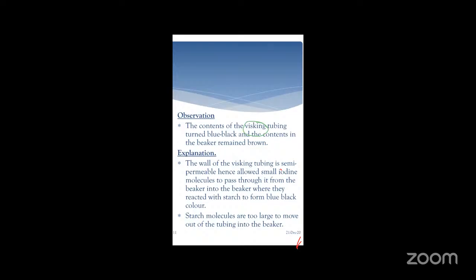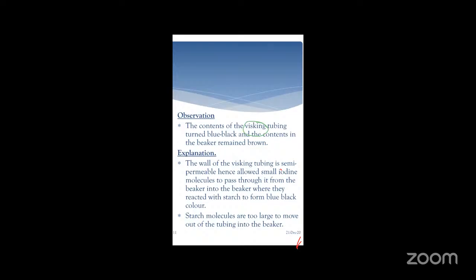So the explanation is, since the molecules of iodine are so small, they passed through the whisking tubing, while the molecules of starch remained inside the whisking tubing. So therefore, the color of starch solution changes from white to blue-black, or we can say the color of iodine was changed by the starch solution to blue-black.